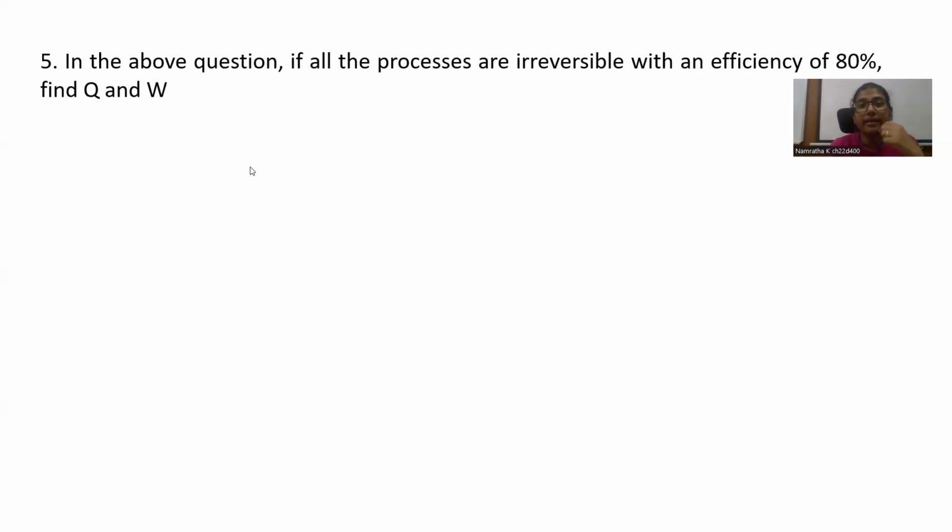And we can relate works. If it is a positive work, if done on the system, then we have to work more. We have to give more work to make the same difference. That is why we say work irreversible is equal to work reversible by eta. Eta is equal to 0.8 here.